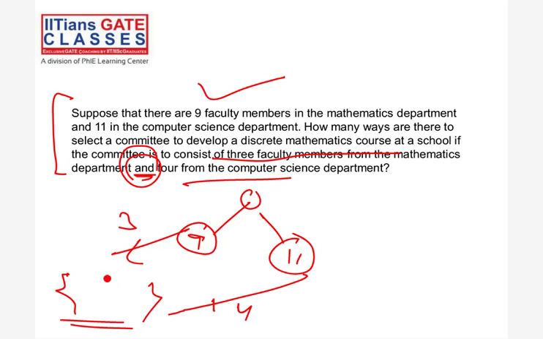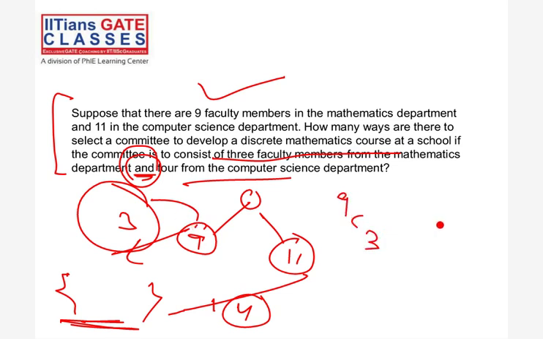To form a committee, you have divided your task. The first task is to select 3 elements from here, and the second task is to select 4 elements from here. Selecting 3 elements from here can be done in these many ways, and selecting 4 elements from here can be done in these many ways.